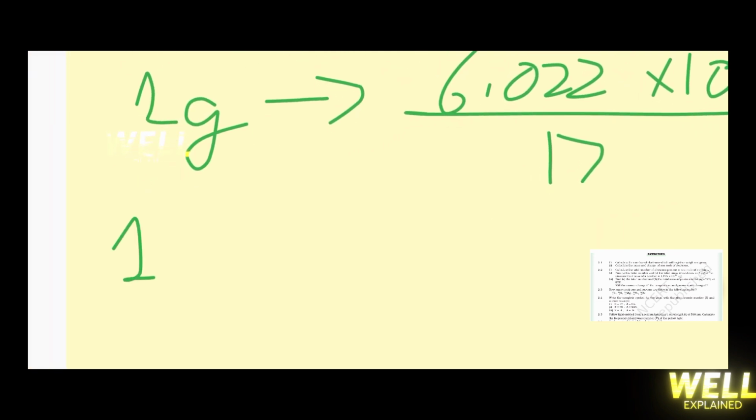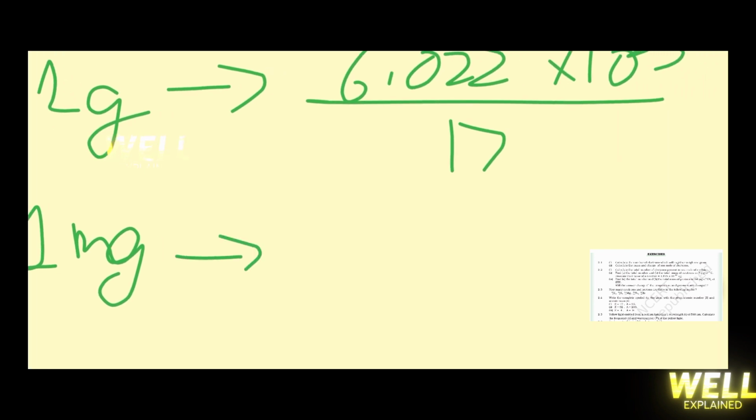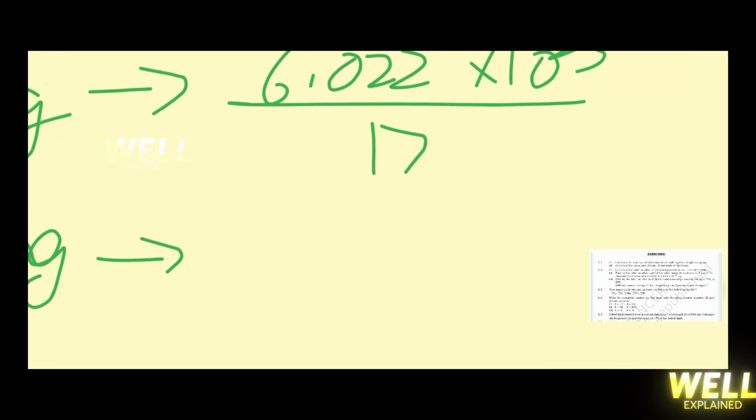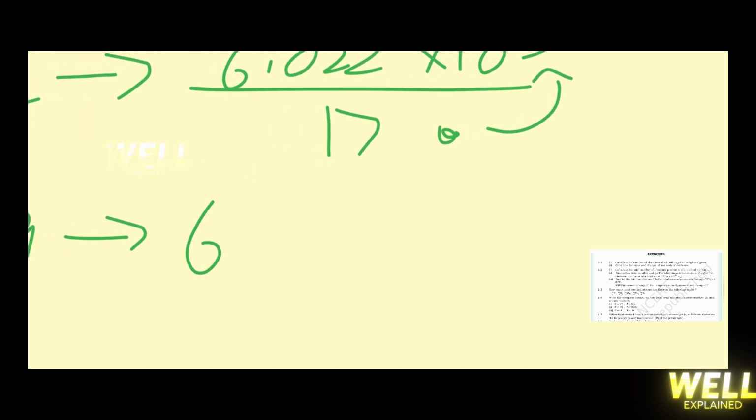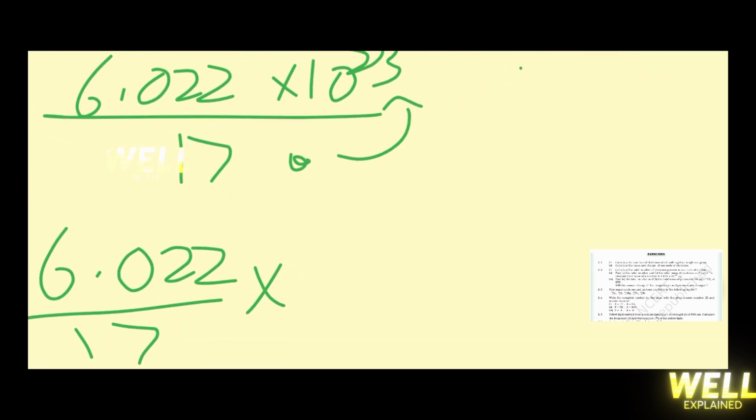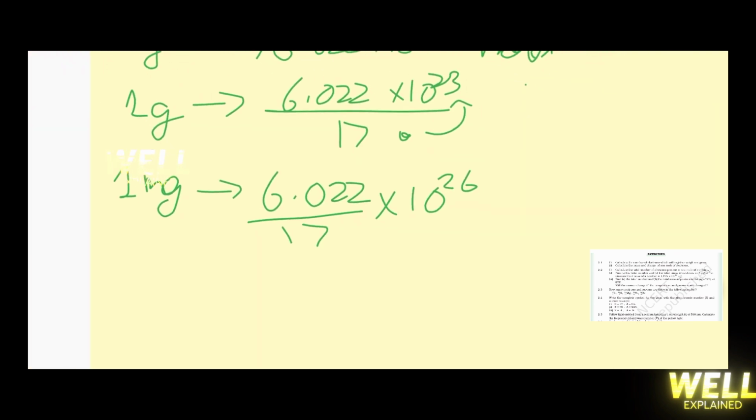For 1 milligram, 1 milligram is 10 to the power minus 3 gram, so minus 3 from the denominator will go up and become 3. So I will have 6.022 divided by 17 into 10 to the power 26.